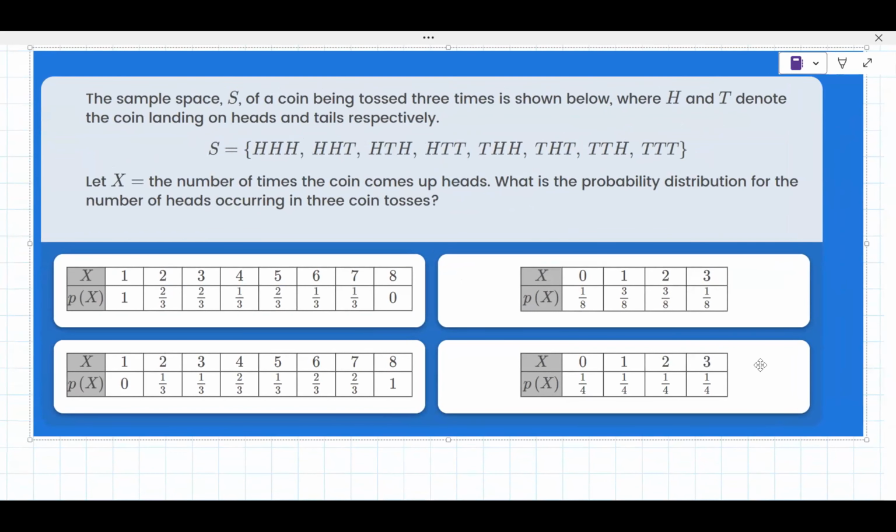The hint I'll give you is that everything in the P of X has to add up to 1. It can't be bigger than 1, can't be less than 1, has to be exactly 1. That'll get you down to 2 answers to choose between.